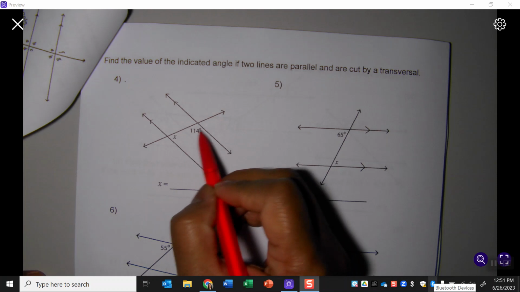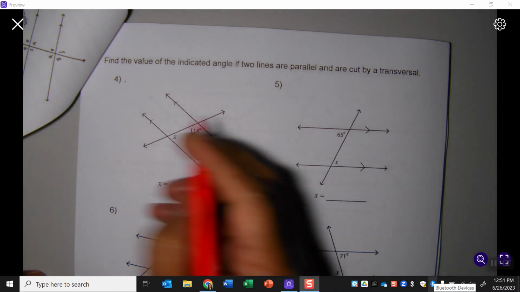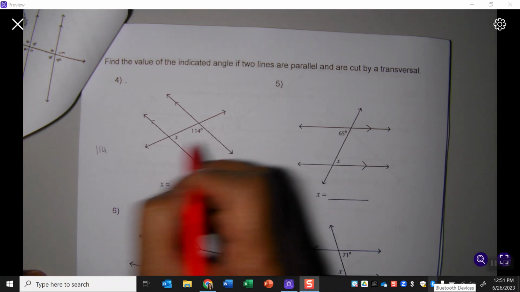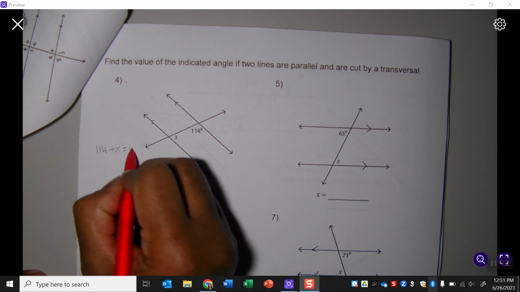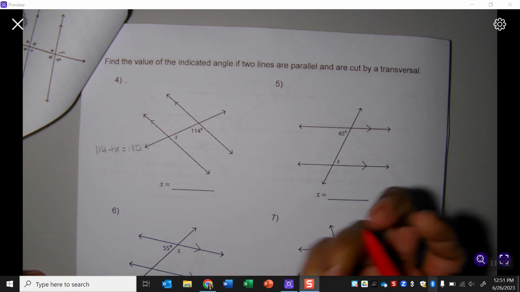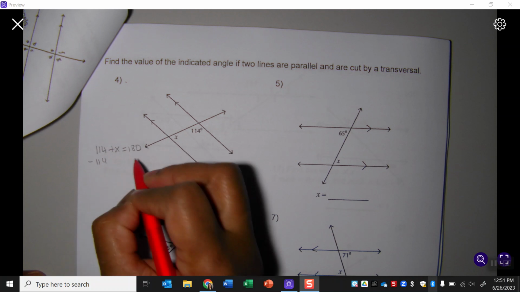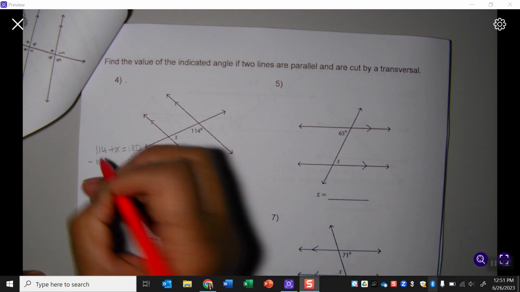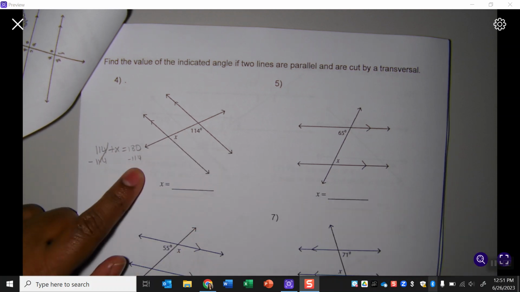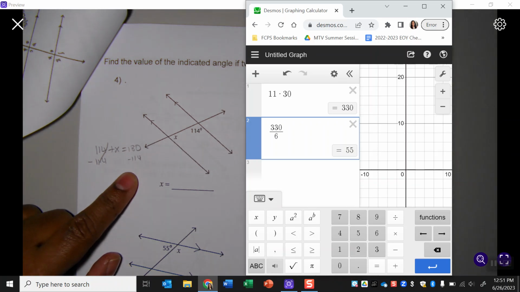Now, they're consecutive interiors, which means they are supplementary, so 114 plus x equals 180, and then you solve. You're going to subtract 114 on both sides. That crosses out, so 180 minus 114.